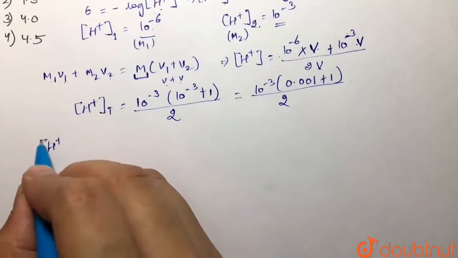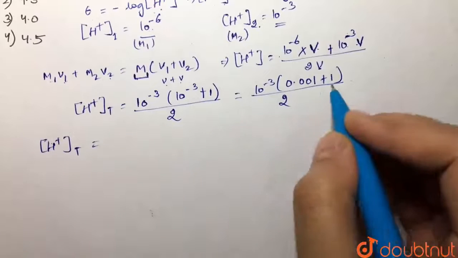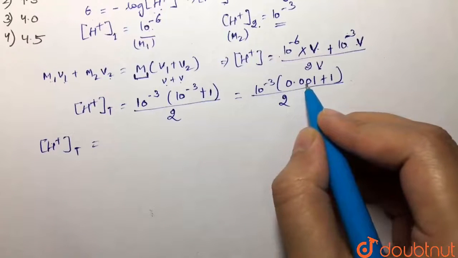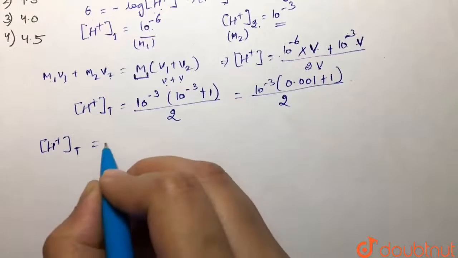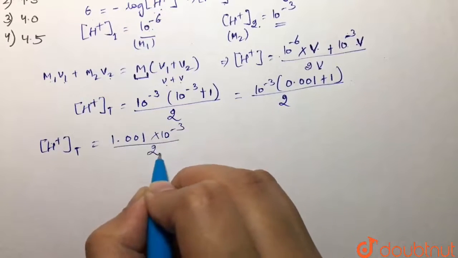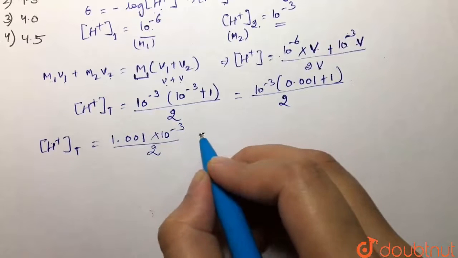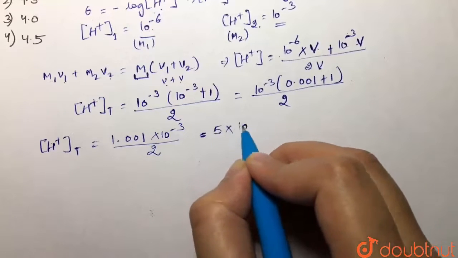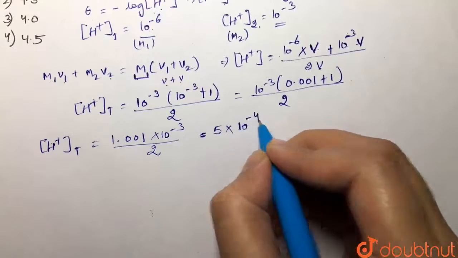So our total H positive ion concentration would be 1.001 into 10 raised to power minus 3 divided by 2. When we solve this, we get a value of approximately 5 into 10 raised to power minus 4.